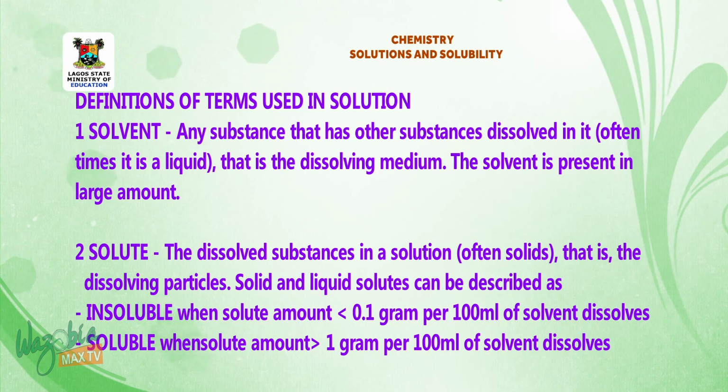Solid and liquid solutes can be described as 1, insoluble, when solute amount is less than 0.1 gram per 100 ml of solvent dissolves. 2, soluble, when solute amount is greater than 1 gram per 100 ml of solvent dissolved.